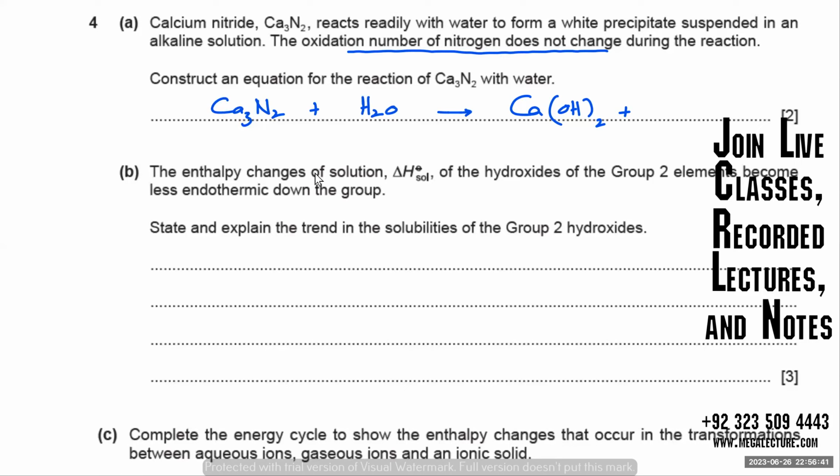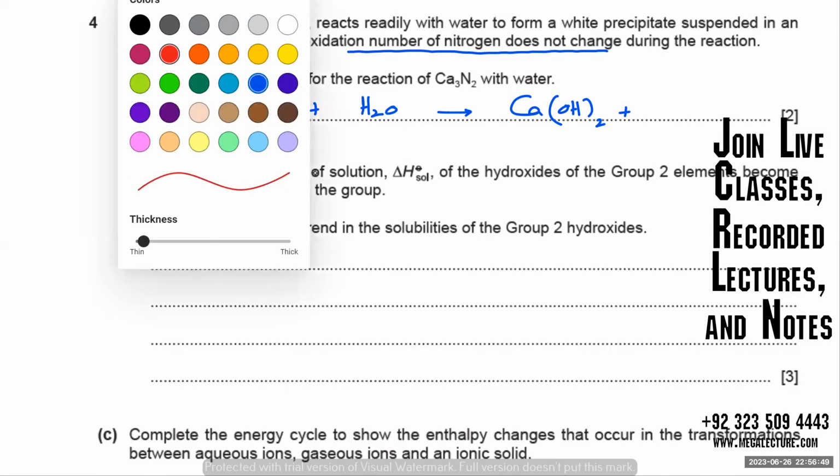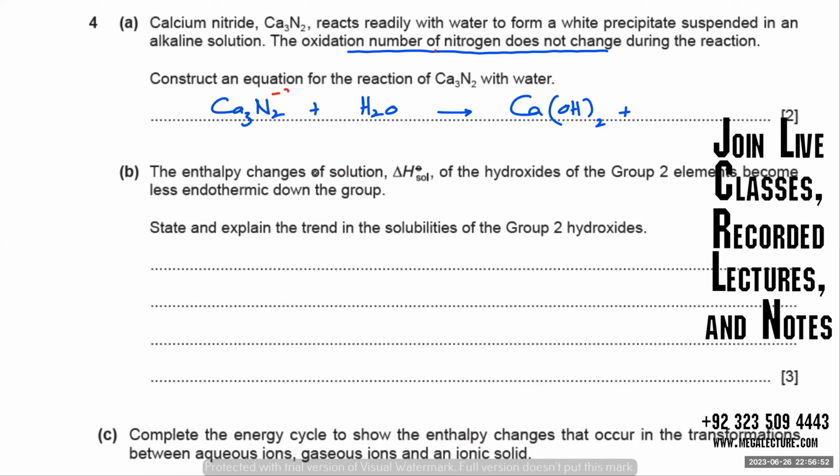But what's the oxidation state of nitrogen in CaCN2? It's an ionic compound, right? This is -3 and this is +2. So which nitrogen compound do you think has an oxidation state of -3? It's going to be NH3. In NH3, N is -3. Is that clear? Yeah. Okay.